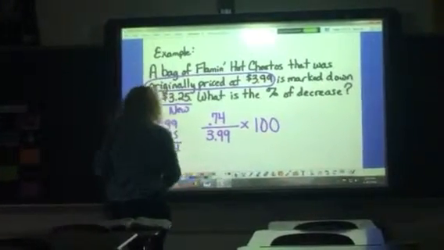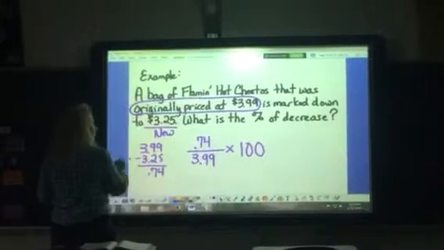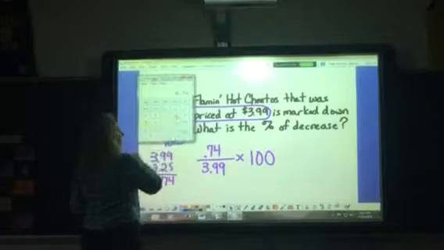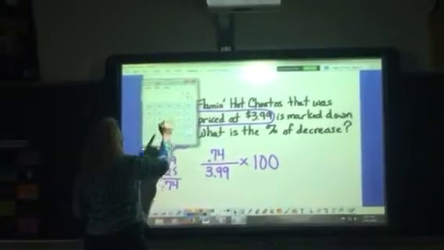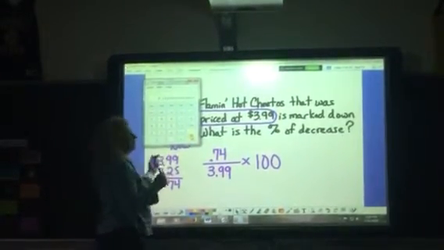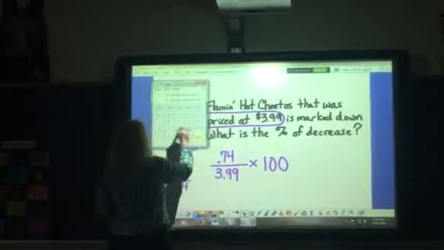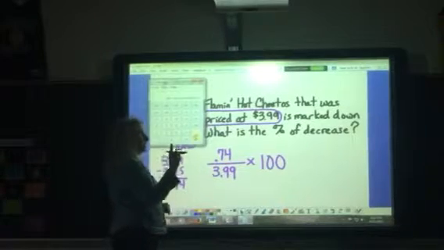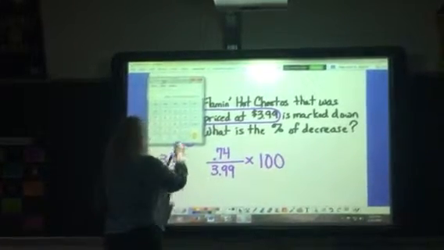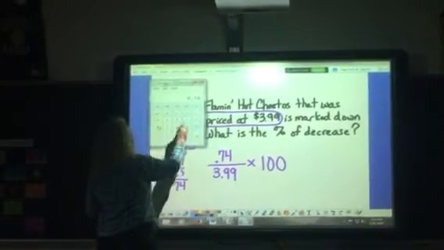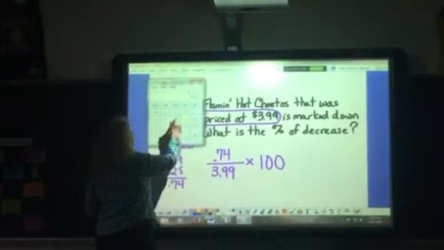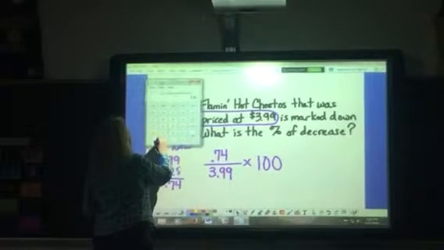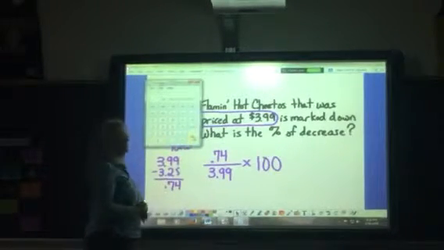Now, with our calculator, let me pull up the calculator here, we are going to go ahead and work that out. 0.74 divided by 3.99 equals, and now remember, we're going to change it to a percentage, so we're going to take it times 100 equals. And Mrs. Doran just made a mistake. I took it times 1,000, so I'm going to do that one more time. 0.74 divided by 3.99 equals, and then we're going to take it times 100, not 1,000, and there's our answer.